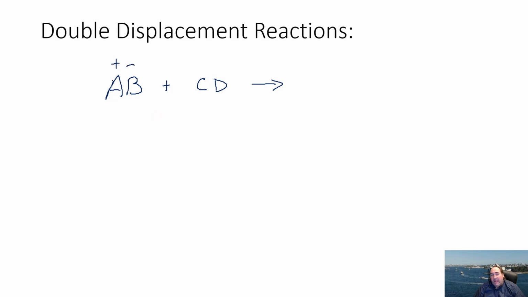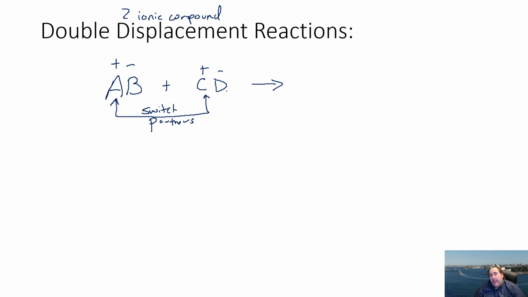So you have a positive guy and a negative guy, positive guy and negative guy. So whenever you have two ionic compounds, which are obviously made up of a cation and an anion, the cation is the positive guy, right? And the anion is the negative guy. And always in a double displacement reaction, what happens is the two positive guys basically switch partners.